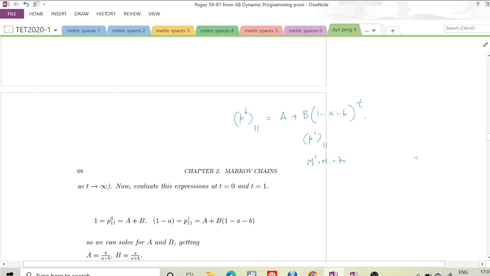Okay, remember that my M matrix was P11, P12, P21, P22, which was 1 minus a, a, b, 1 minus b, right? So this is 1 minus a, right? And from this relationship, that's going to be equal to a plus b times 1 minus a minus b raised to the 1. Okay, that's this equation here, right?